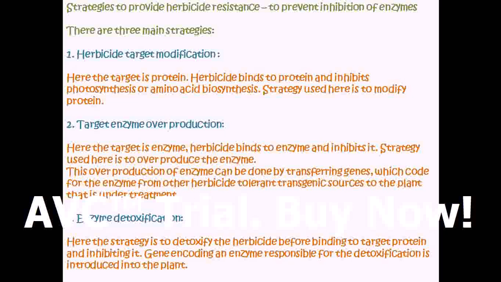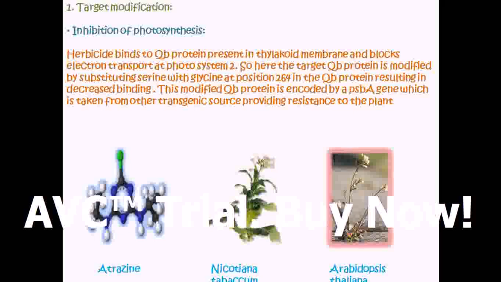So we are introducing the gene into the plant so that it can modify the enzyme, or overproduce the enzyme, or, before the herbicide targets the enzyme, the herbicide is detoxified by introducing the gene for the production of an enzyme that can detoxify the herbicide. So the first thing is target modification.